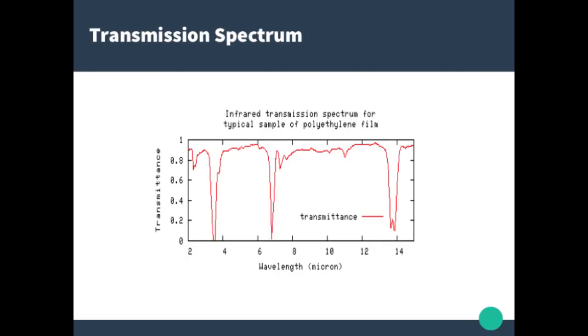This is a transmission spectrum for polyethylene film, basically like Saran wrap. Again, you notice that there are places where almost no light passes through. That probably comes as a bit of an intuitive surprise, because if you look at a piece of polyethylene film, it looks transparent, and yet there are regions of the spectrum where the light is not passing through.